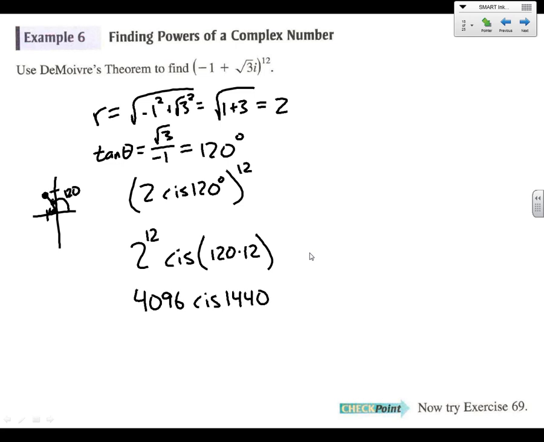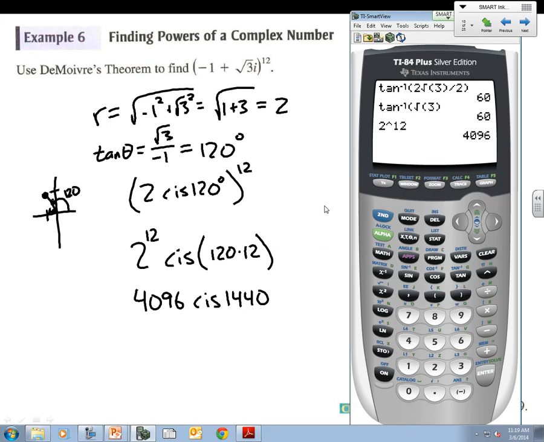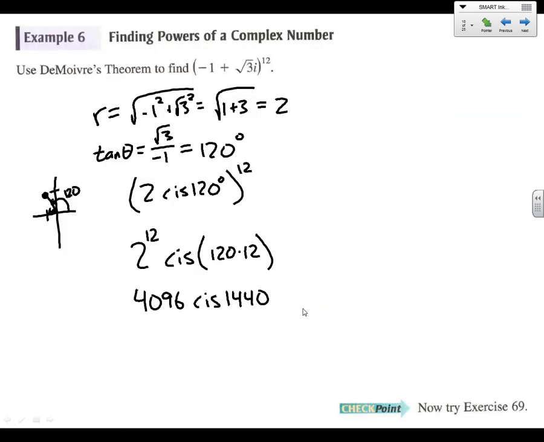Okay. And we're going to divide some 360s out of this to get us down within one unit circle. So let's see, 1440. And how many full circles go into this? Oh, exactly 4. So we could subtract out 4 full circles and end up with 4096 cosine of 0 plus i sine of 0.